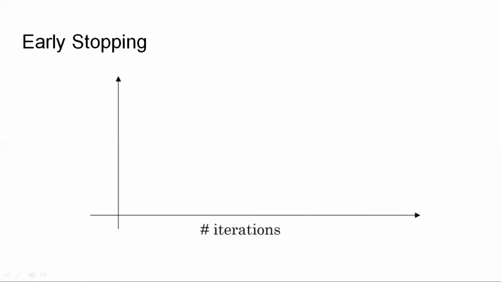Now you can see that we have this graph here in front of us. The x-axis of this graph denotes the number of iterations. If we apply gradient descent on our learning algorithm, what would be the graph for the cost function that I would get?